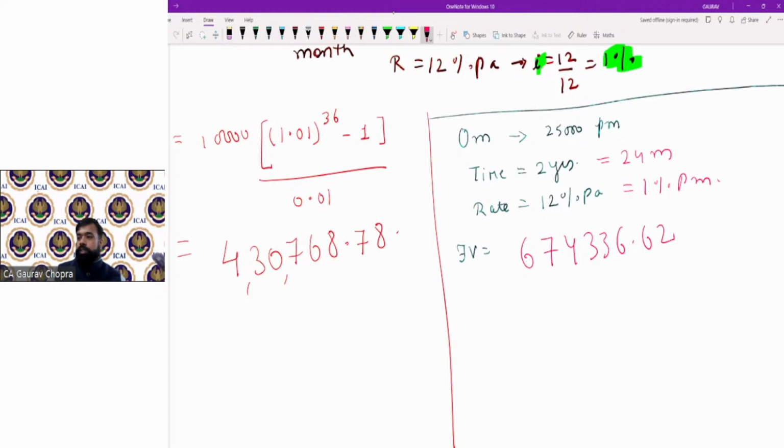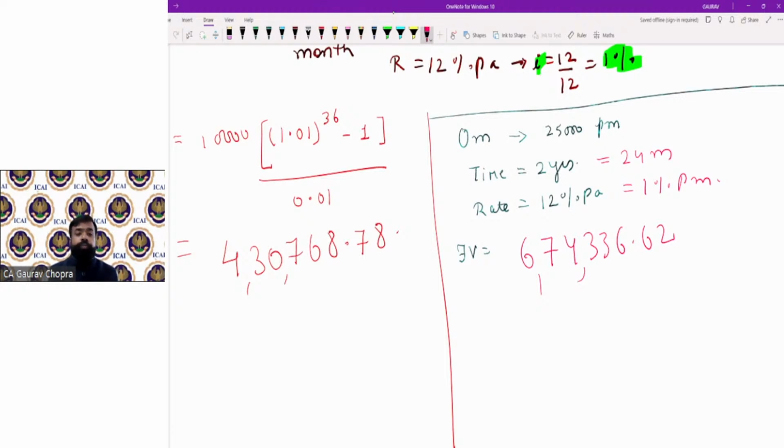Aisha is getting wrong answer. Venkat Lakshmi is giving wrong answer. Mansi is correct. Kushal is correct. Saloni is given correct. Rohani, Mehak is wrong. Okay. So final answer is 6,74,336.62. So in this way, you can easily calculate the future value.